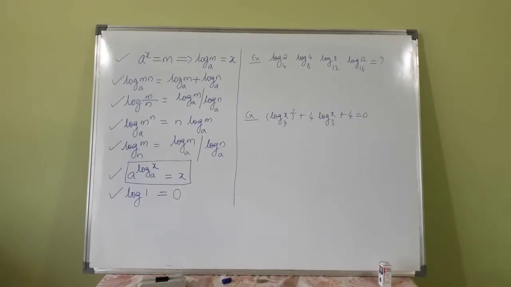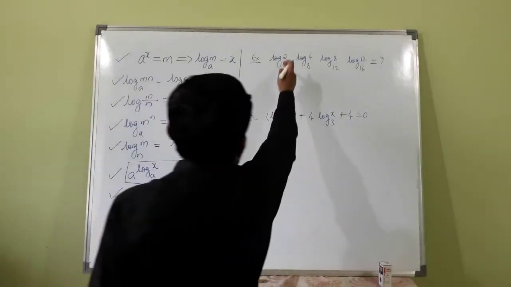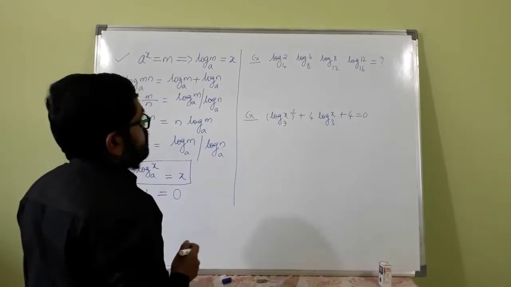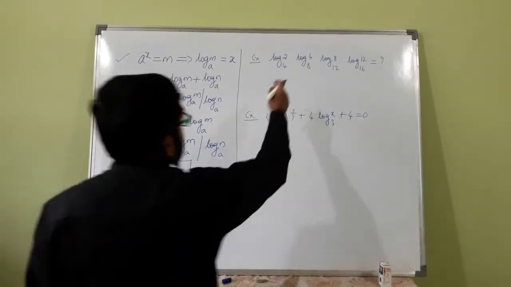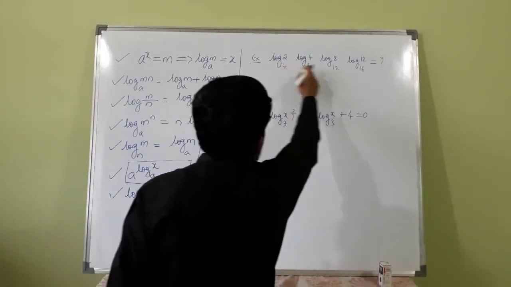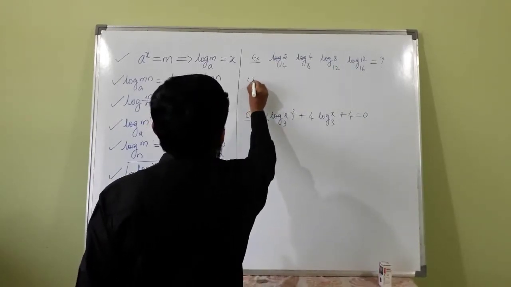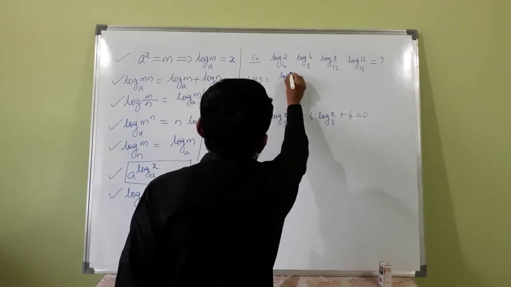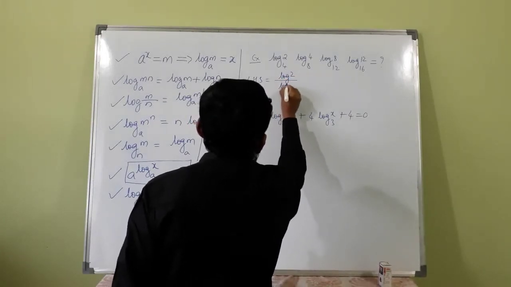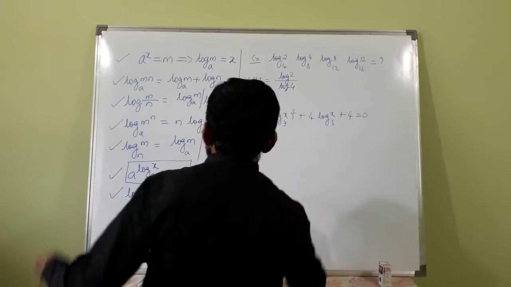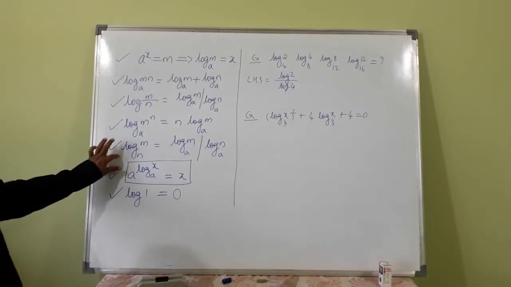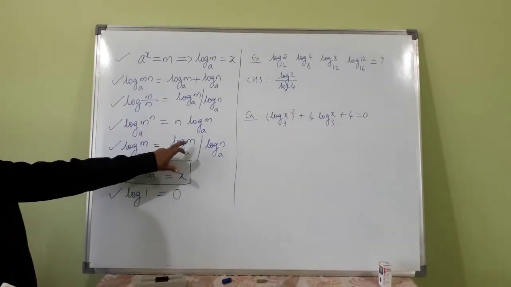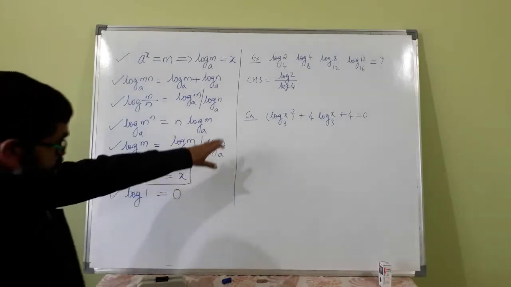Okay, consider another 2 examples. Log 2 to the base 4, this LHS is log 2 divided by log 4. You see, change of base: log m to the base n can be written as log m divided by log n.